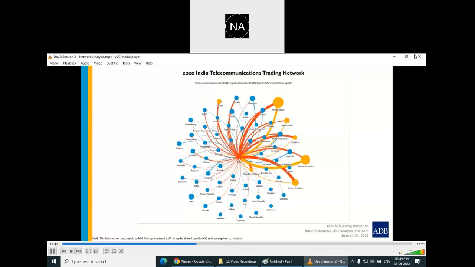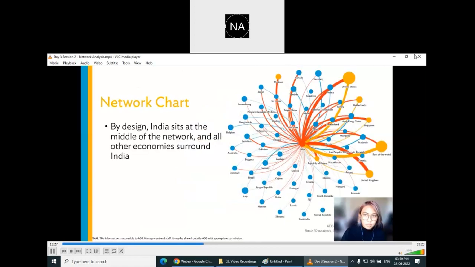I colored as yellow exports that contributed to the top 10% of the total exports for India. And you'll notice that those economies with the heavy lines, Thailand, United States, Netherlands, Singapore, they are the top economies that are trading with India, while the others are not contributing a lot to India. So you can say that these are the economies that are important for the telecommunication sector with India.